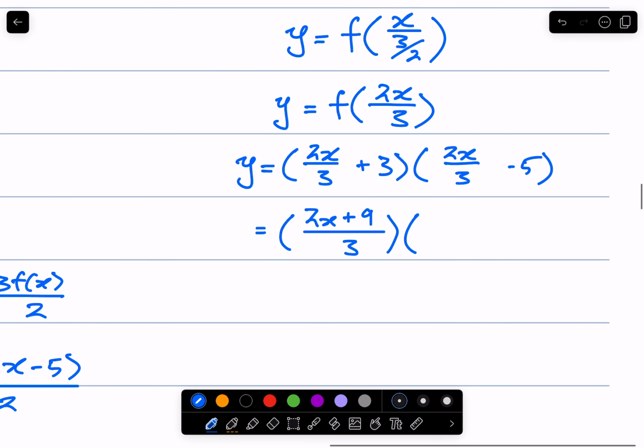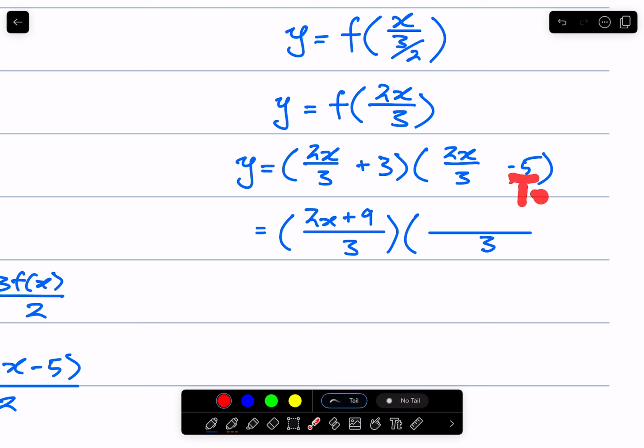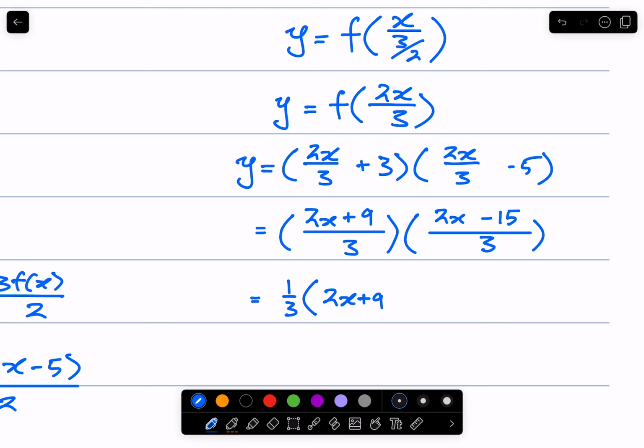And this one as well, this will become all over 3. Now remember, this is currently over 1, so this has been multiplied by 3. So the new numerator will become negative 15. From this group, we're going to factor out 1/3. And from this group, we're also going to factor out 1/3.